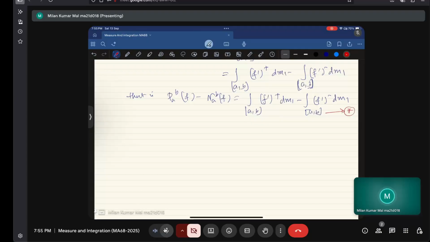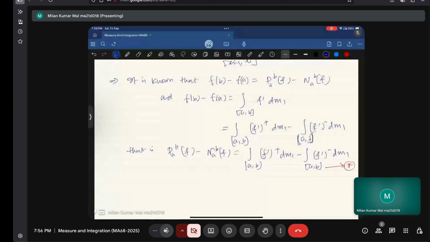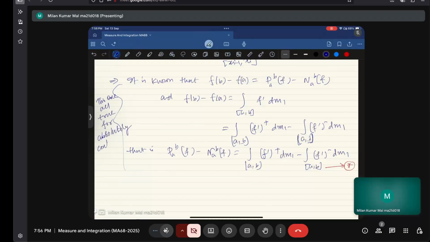Given, and then the next one is also for absolutely continuous functions.